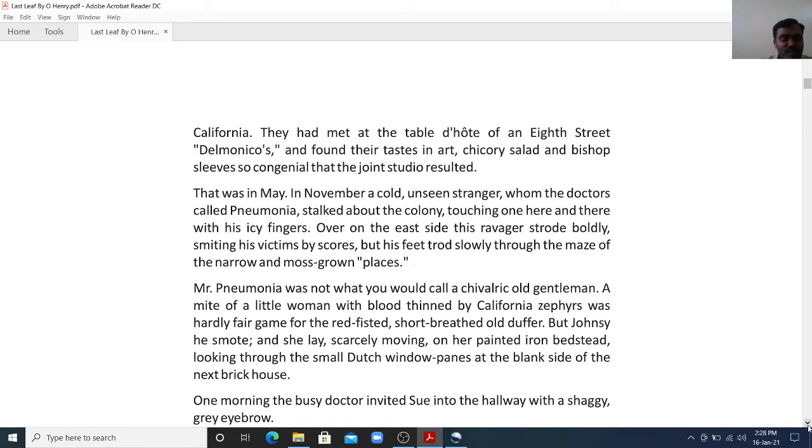By looking into the thermometer, he had predicted this, and that chance is for her to want to live. If at all she wants to live, then she can live, or else she cannot.